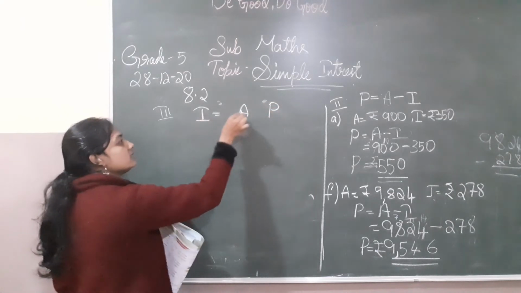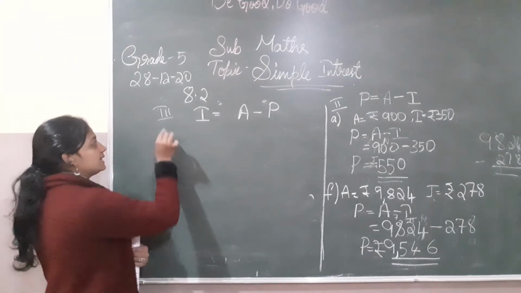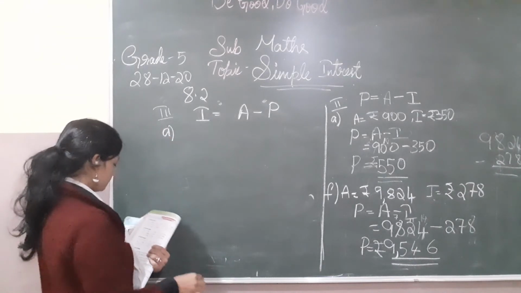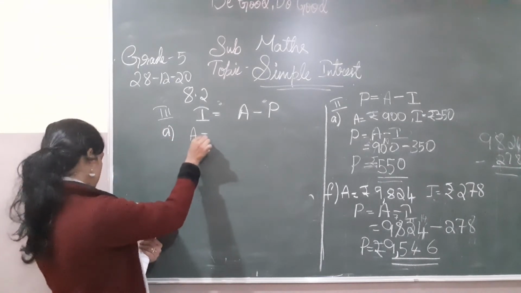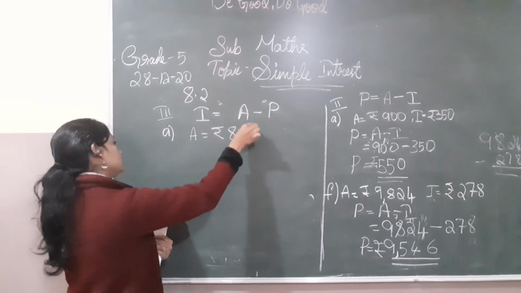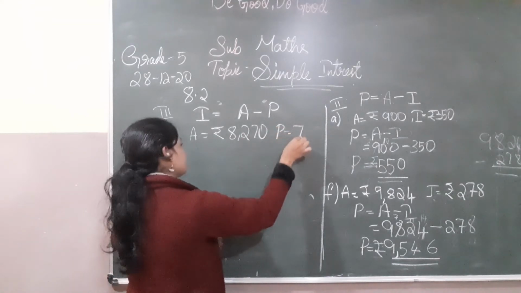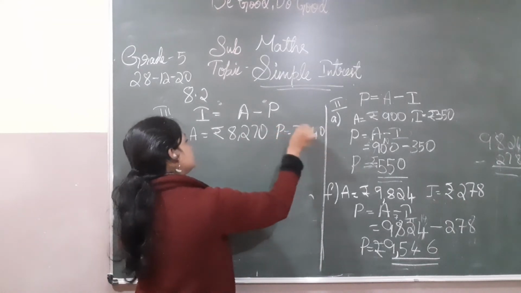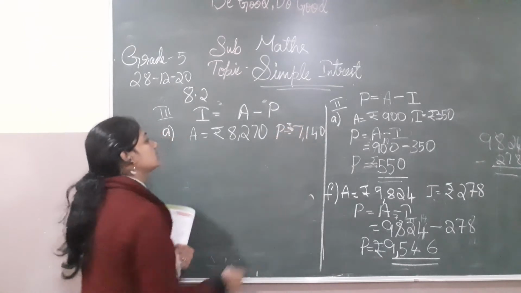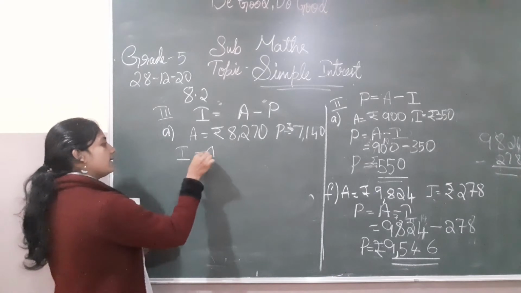To find the interest, we have to subtract the principal from the amount. So let's start with the first one. A is equal to rupees 8,270 and principal is 7,140 rupees. So let's find the interest now. Write the formula A minus P.